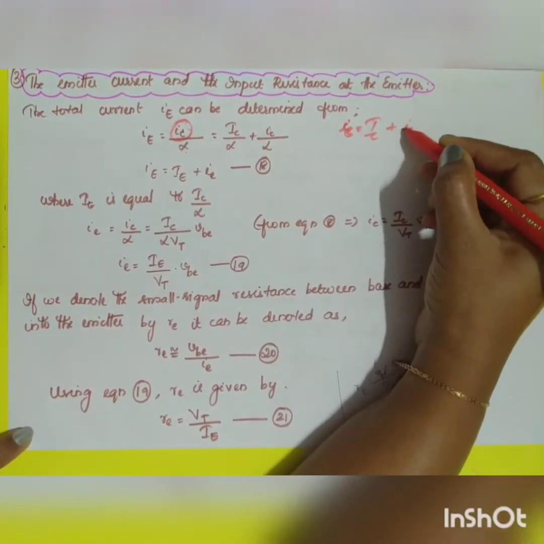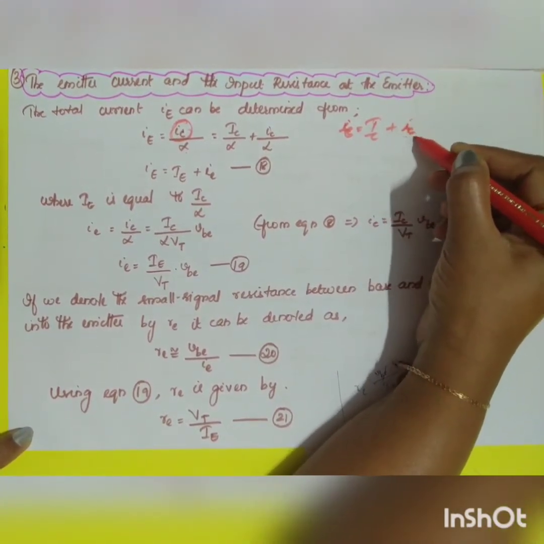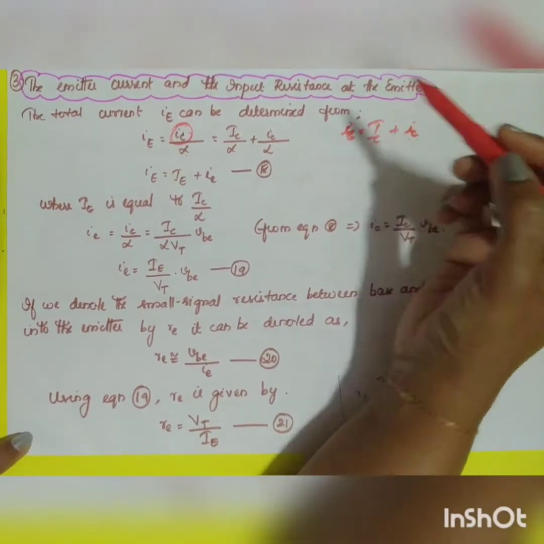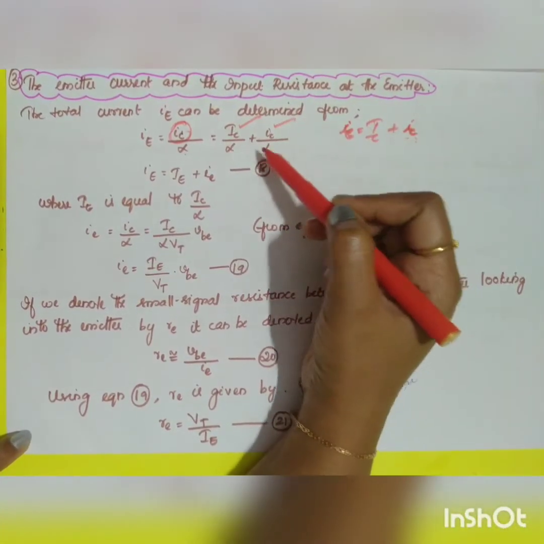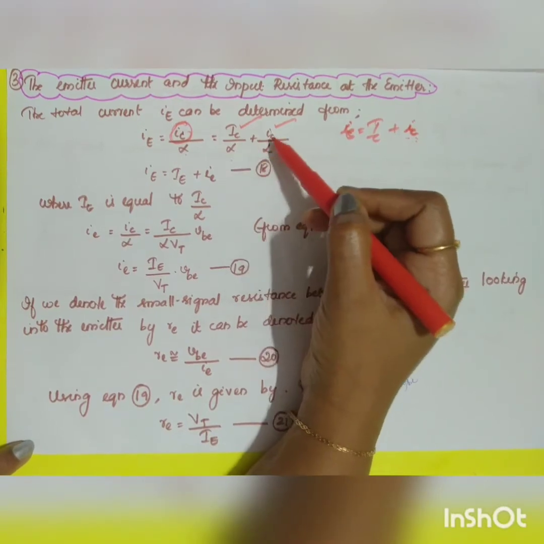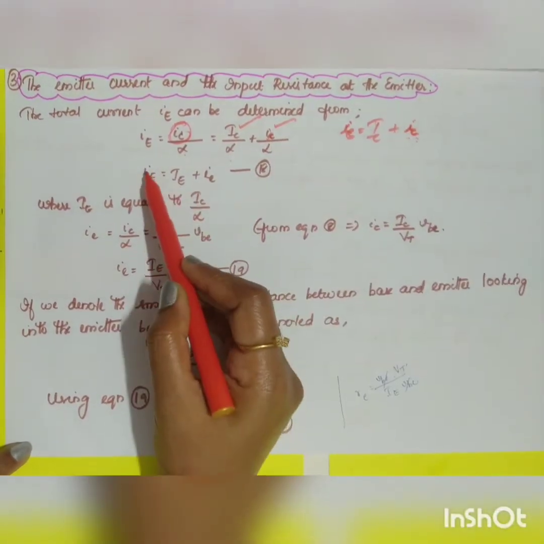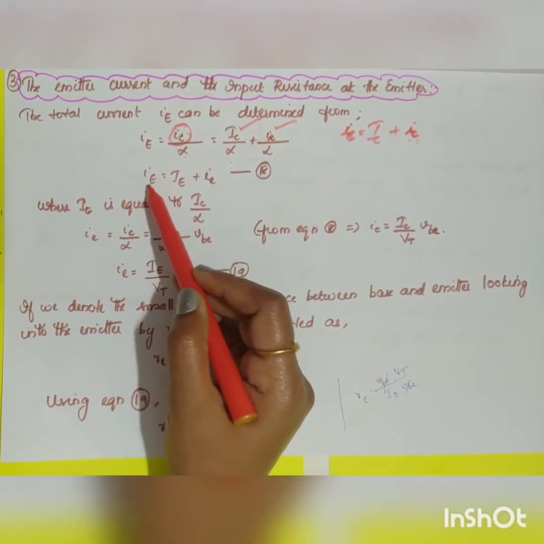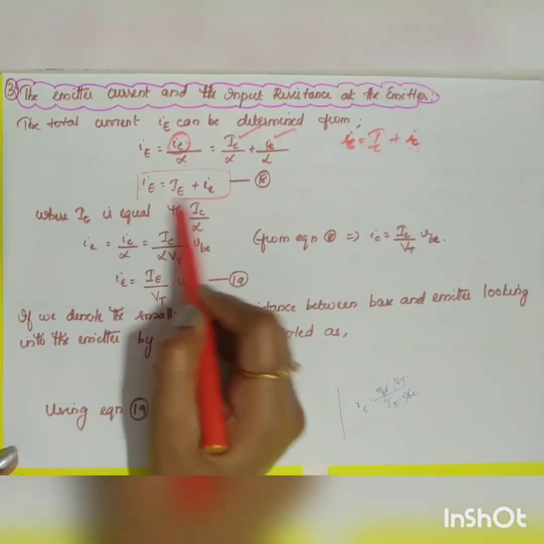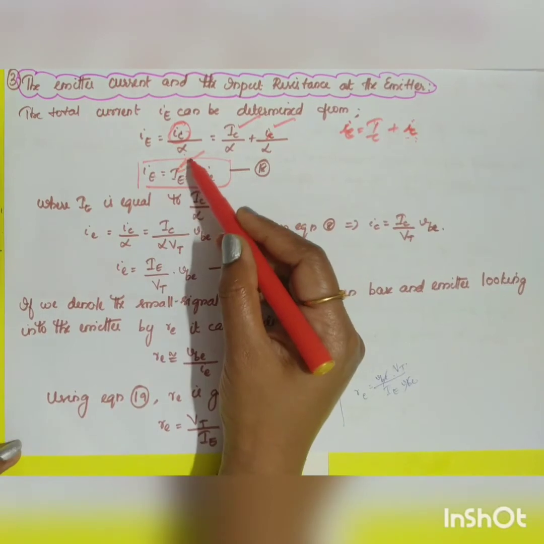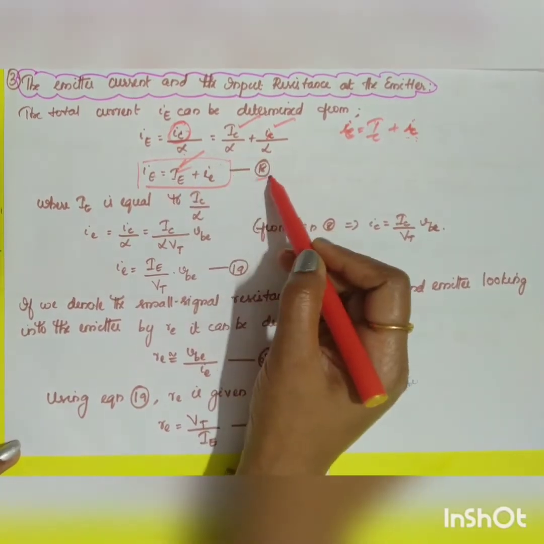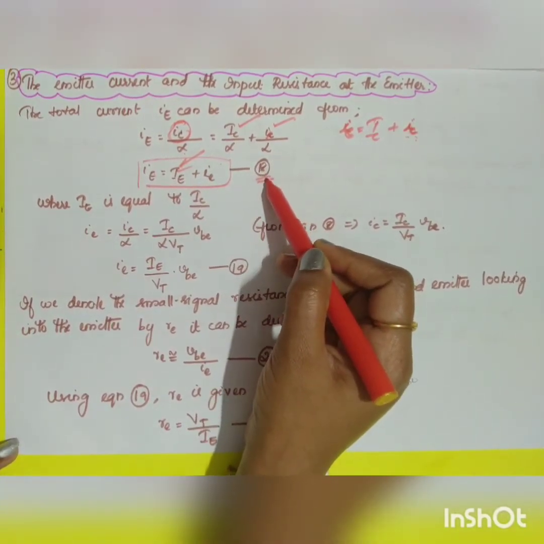Here I have directly written the AC value as small ic. So this is your DC and this is your AC value: IC by alpha plus small ic divided by alpha. So your total emitter current, small iE, will be the sum of your DC plus AC, which is taken as equation 18.